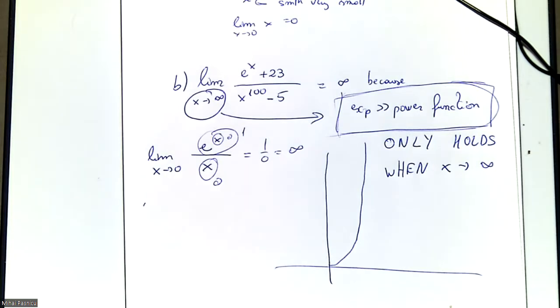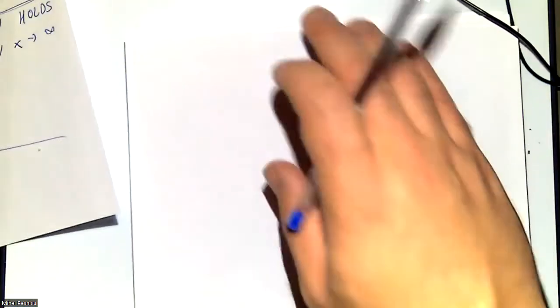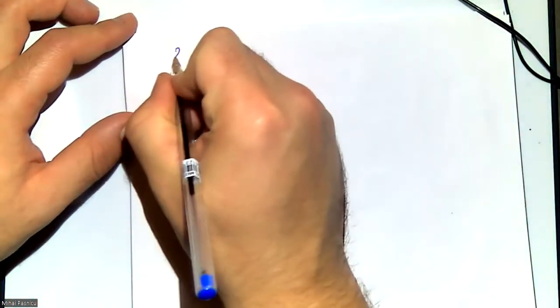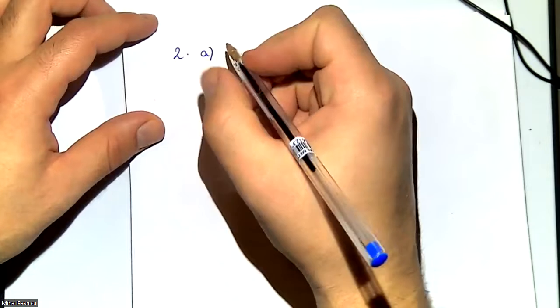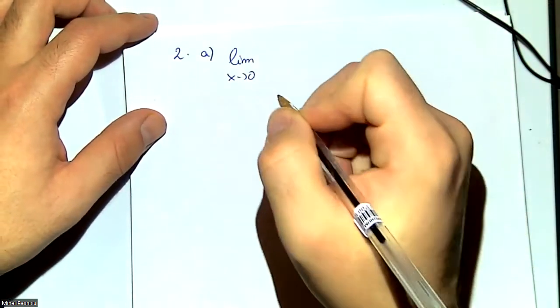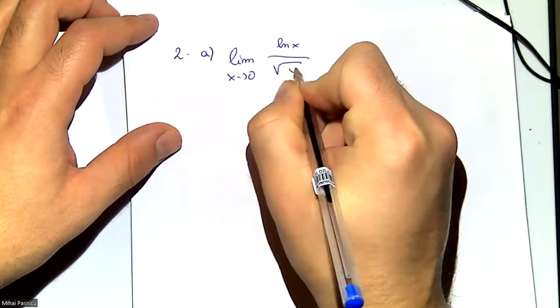Good. Now we're on to using the L'Hopital rule. Problem number 2, case A: the limit when x goes to 0 of log of x over square root of x.